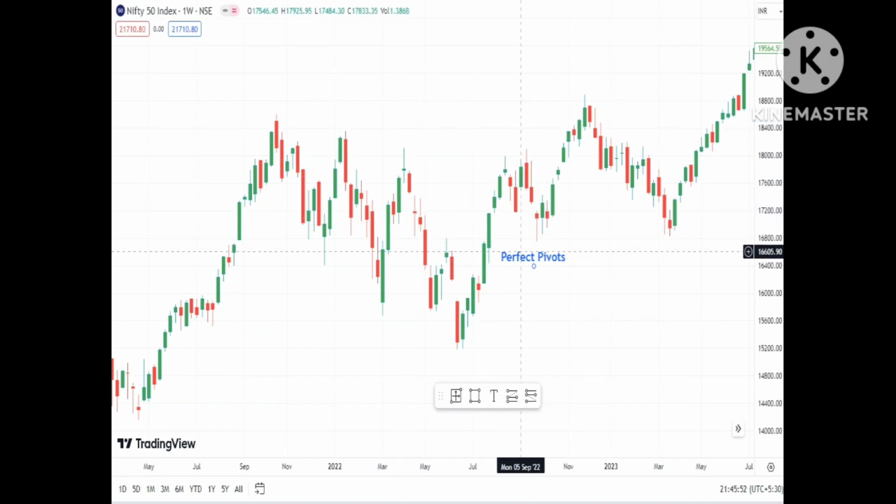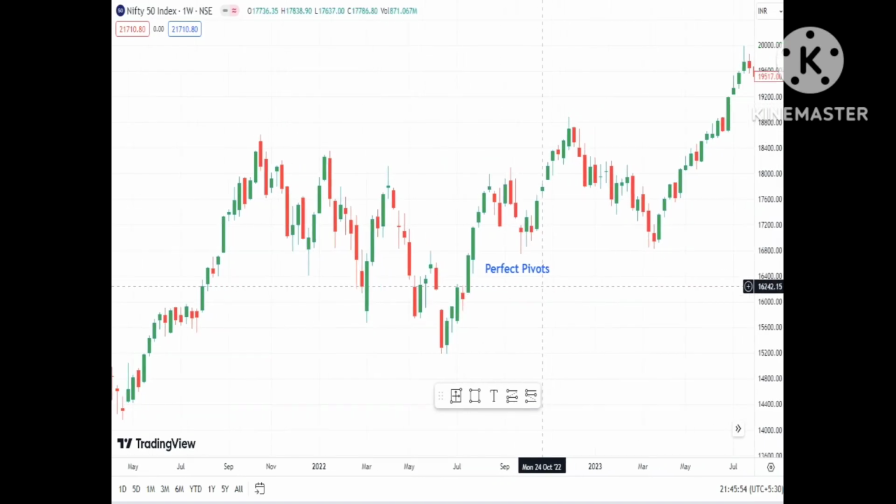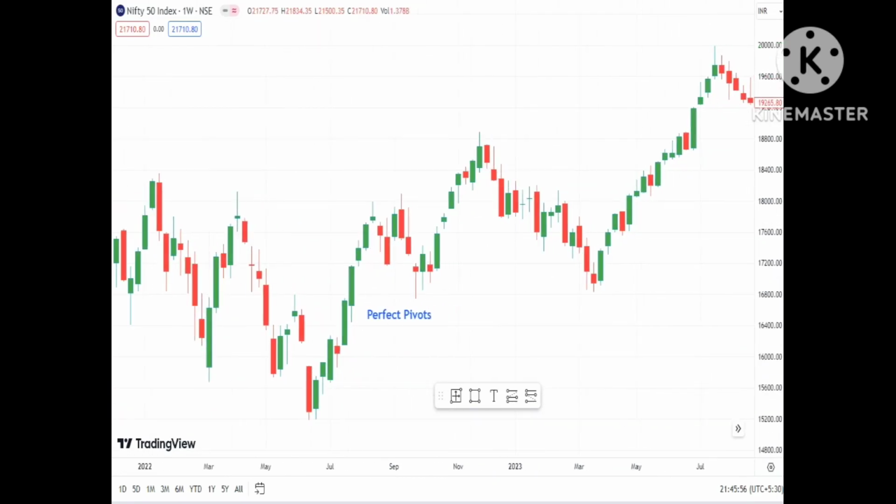Okay, now we will see a perfect pivot low. How does this form? The low of the main middle candle of the pivot is lower than the low of the first and the third candle.